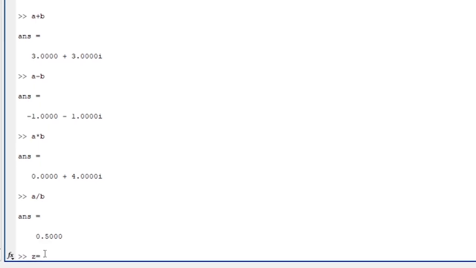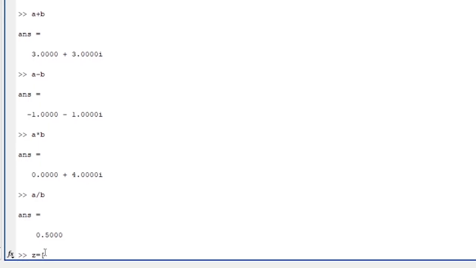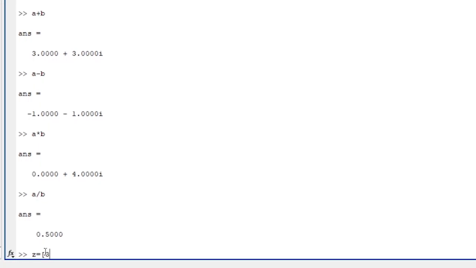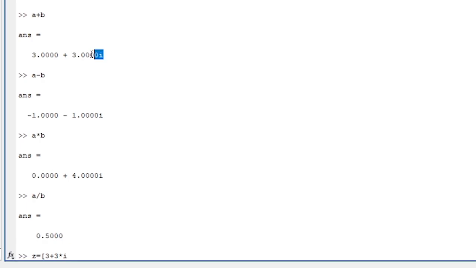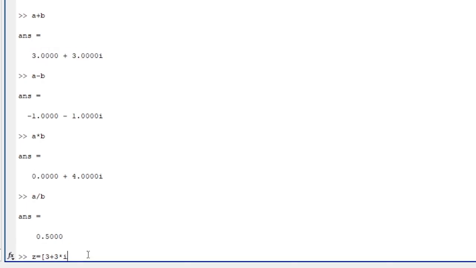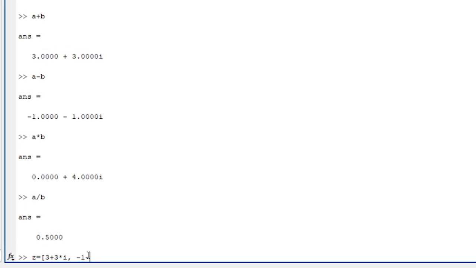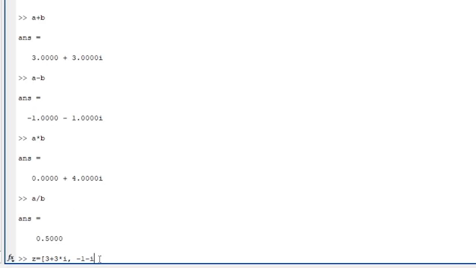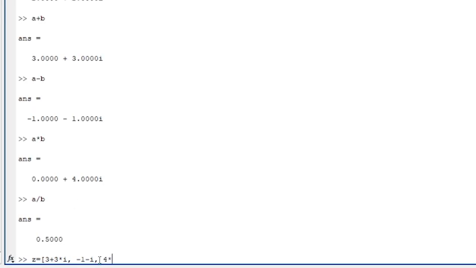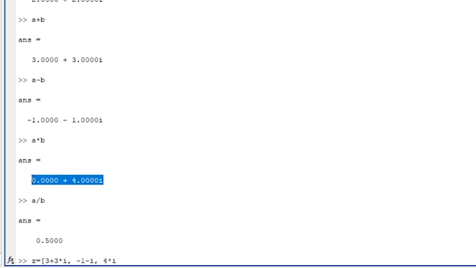So let's say we want to plot 3 plus 3i, which was the result from our addition. Also, let's plot minus 1 minus i, which was our result from our subtraction. Also 4 times i, which was our result from the multiplication.